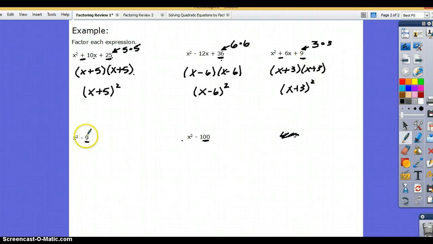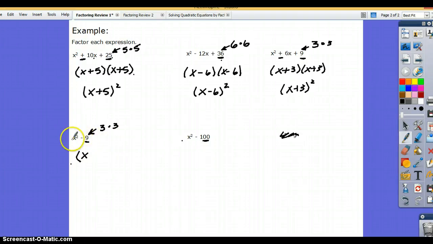Alright, so same thing applies. Square root of 9 is 3. Now I have no middle term, so when there's no middle term, 3 minus 3 is 0. Perfect. And the key here, because that is minus, which means equal to negative 9, is that one has to be positive, one has to be negative. Whenever you see this, it's called the difference, or subtraction, of two perfect squares.